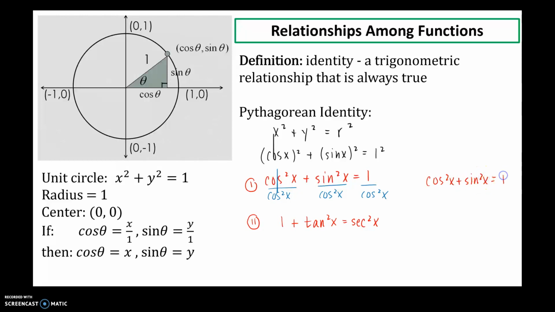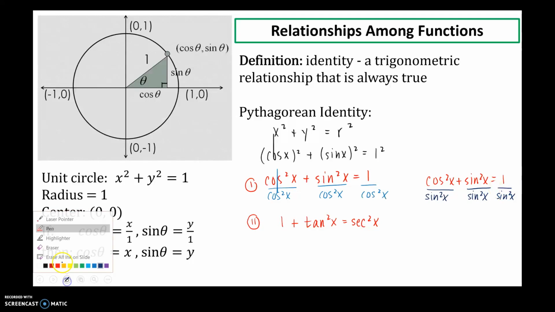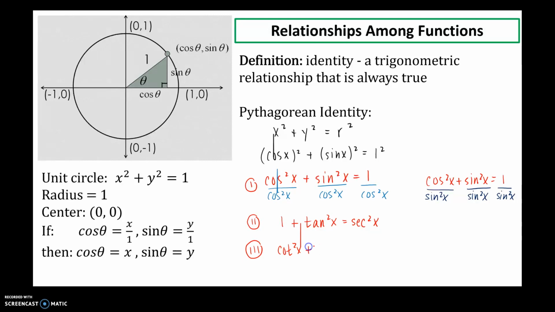Okay, so now let me go back to my first equation, cosine squared x plus sine squared x equals 1. And now I'm going to take each term and divide it by the sine squared of x. As long as I maintain and do the same thing to every part of the equation, mathematically, it's fine. So what's my third Pythagorean identity? Cosine squared divided by sine squared is cotangent squared of x.